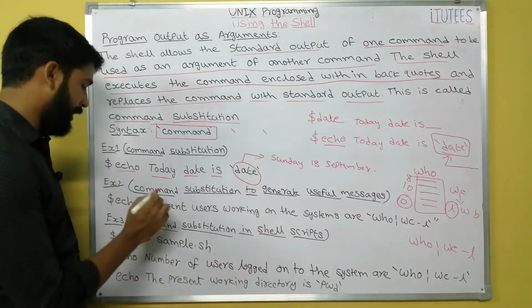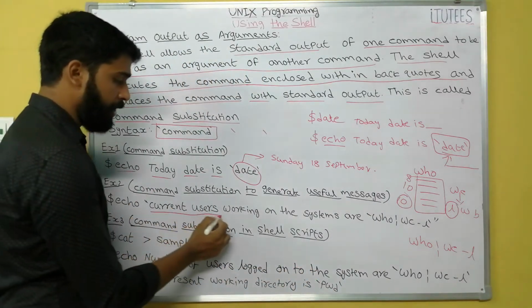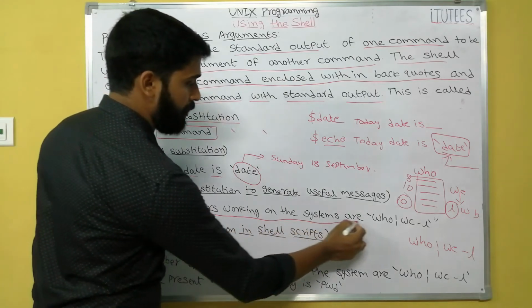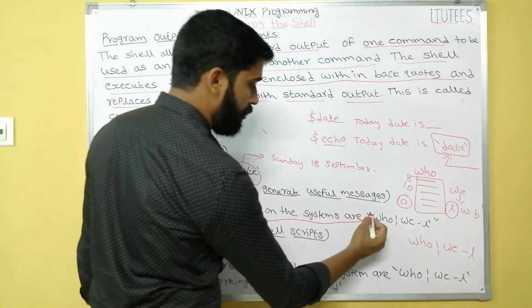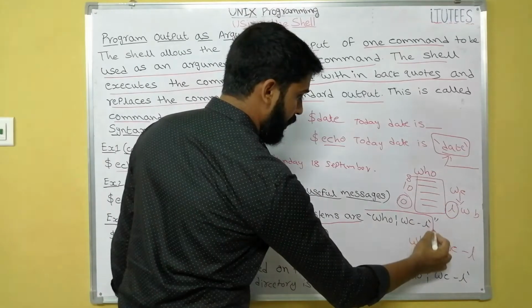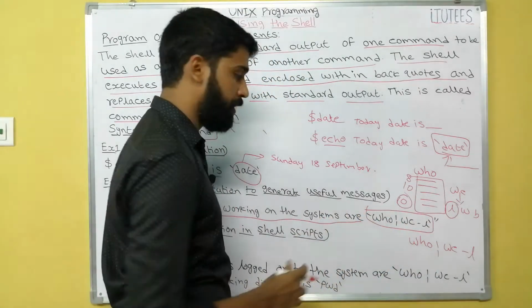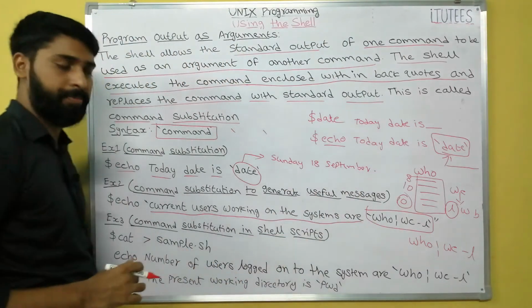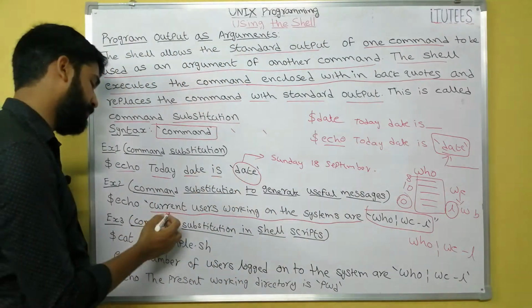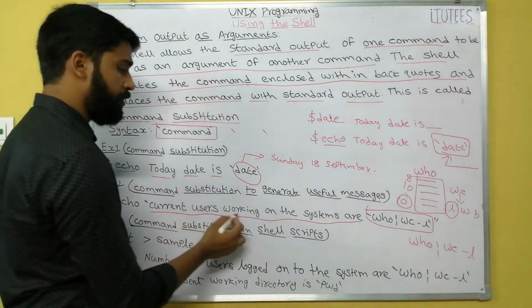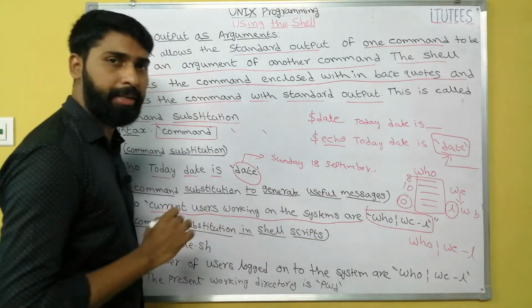Now how can I write that command? Currently users working on the system are, and in backquotes I give the command who pipe wc hyphen l. Now it prints the number. For example, 8 members means it prints current users working on the system are 8.